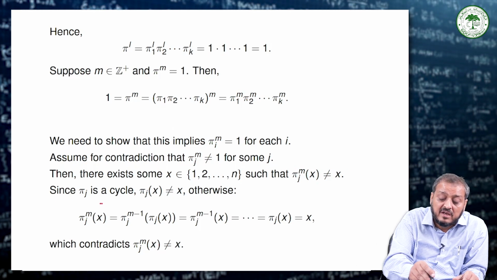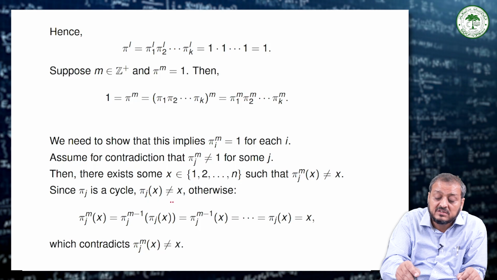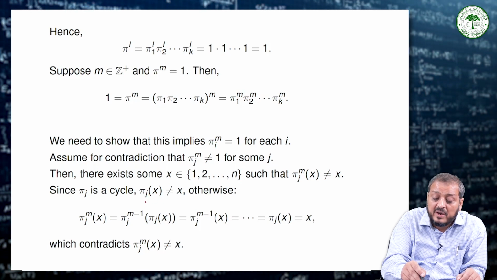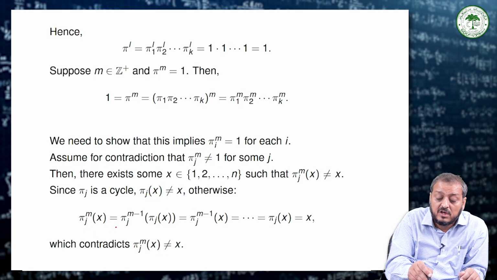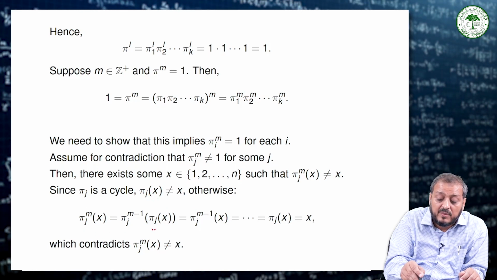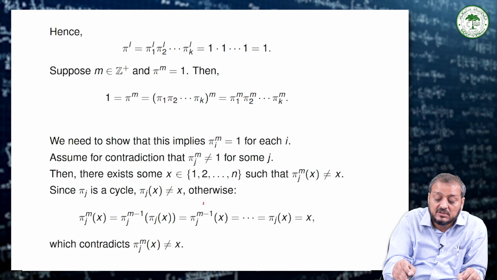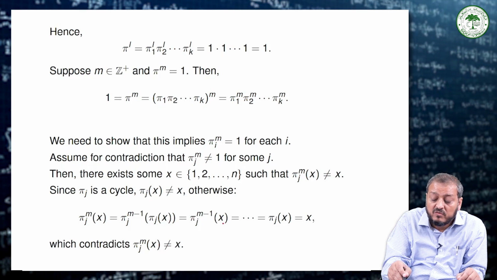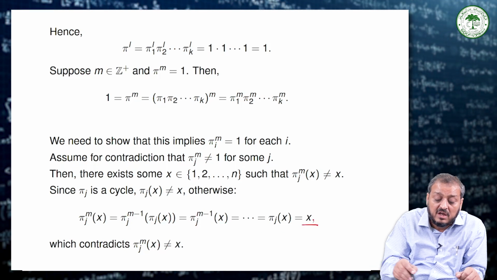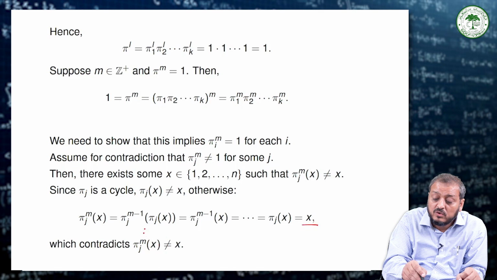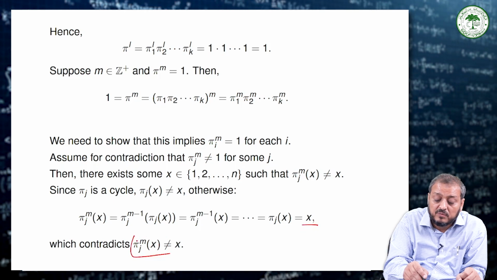Since πj is a cycle, πj of x is not equal to x. Otherwise, πj to the power m of x is equal to πj to the power m minus 1 of πj of x, which is equal to x, and the πj of x equal to x contradicts πj to the power m of x not being equal to x.